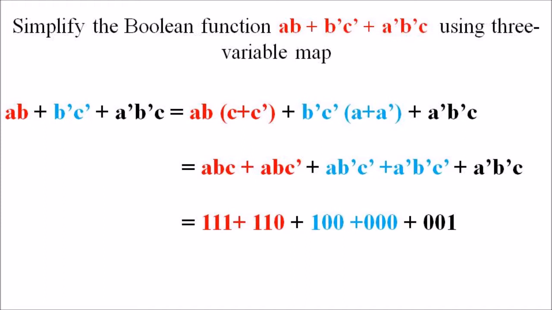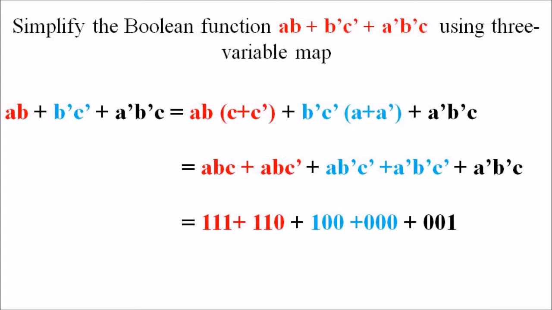Thus, the ANDed representation will become AB into C plus C bar, plus B bar C bar into A plus A bar, plus A bar B bar C. Thus, while expanding, this will become ABC plus ABC bar plus A B bar C bar plus A bar B bar C bar plus A bar B bar C.